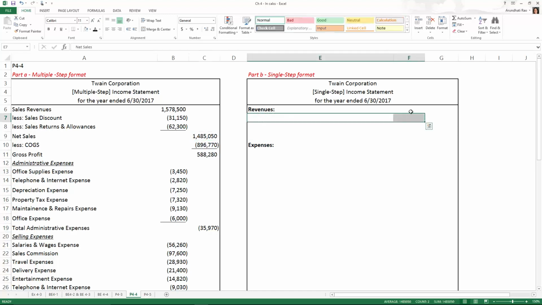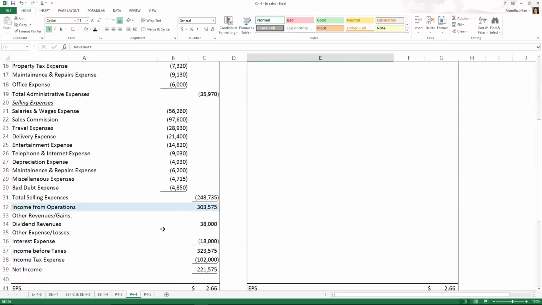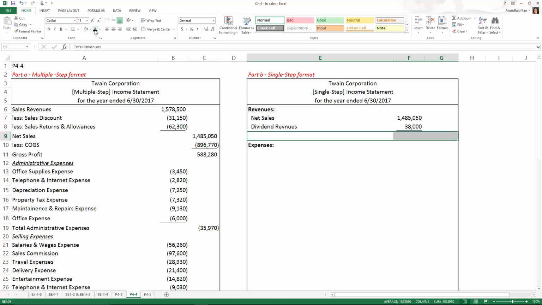So my net sales number, and I can just copy it from here and bring that number over here. The next is, do I have any other revenue? And the answer is yes. If you recall, I had this revenue, dividend revenue. I put that right up over here. Add the two numbers, and that gives me my total revenues.